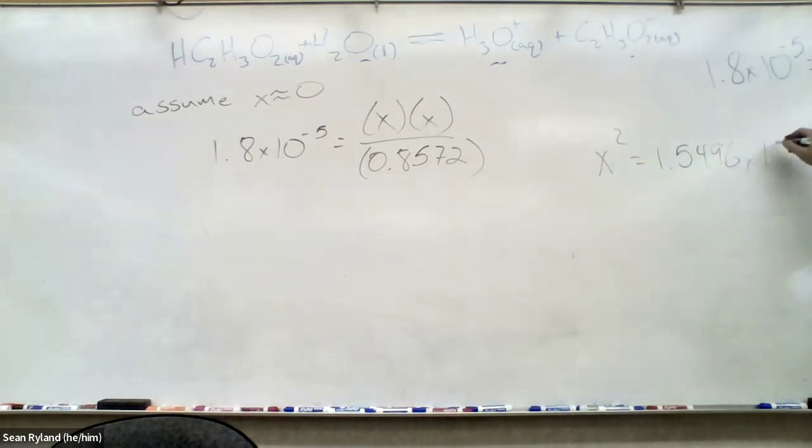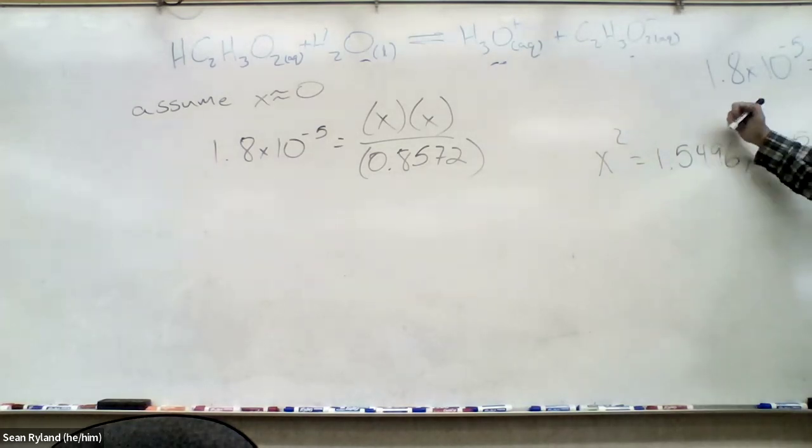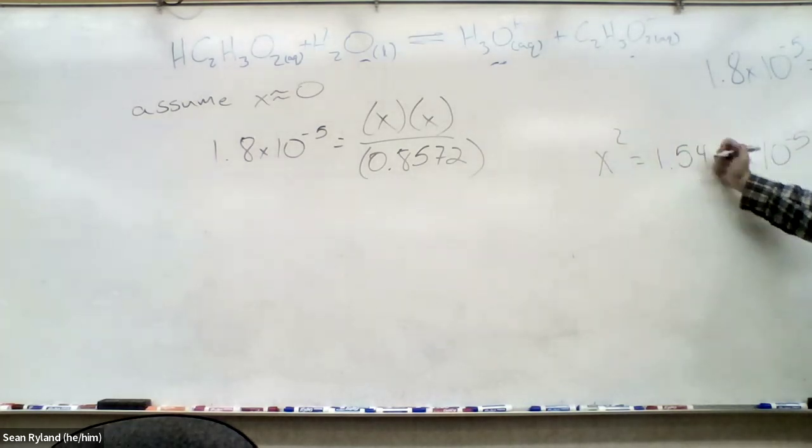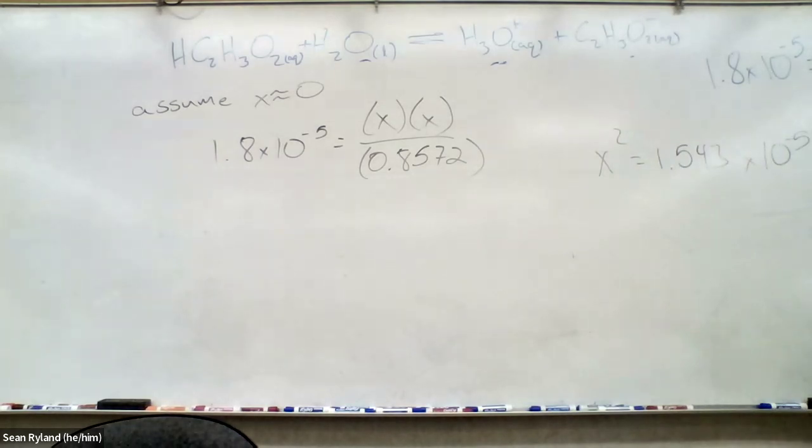That what I heard? We can carry an extra sig fig for right now. Sorry, 296. We'll just call that 3. So square root that, we're gonna get something times 10 to the minus 3.